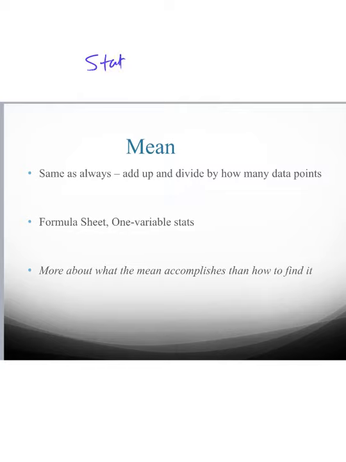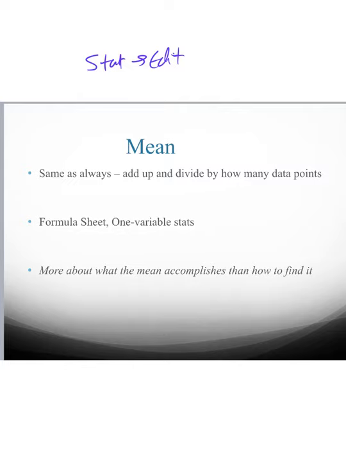In order to use your calculator to find the mean, you would again go to stat edit, and that would bring you to the list, and you can put the values into that list. And then from there, you can quit and go to stat calc.